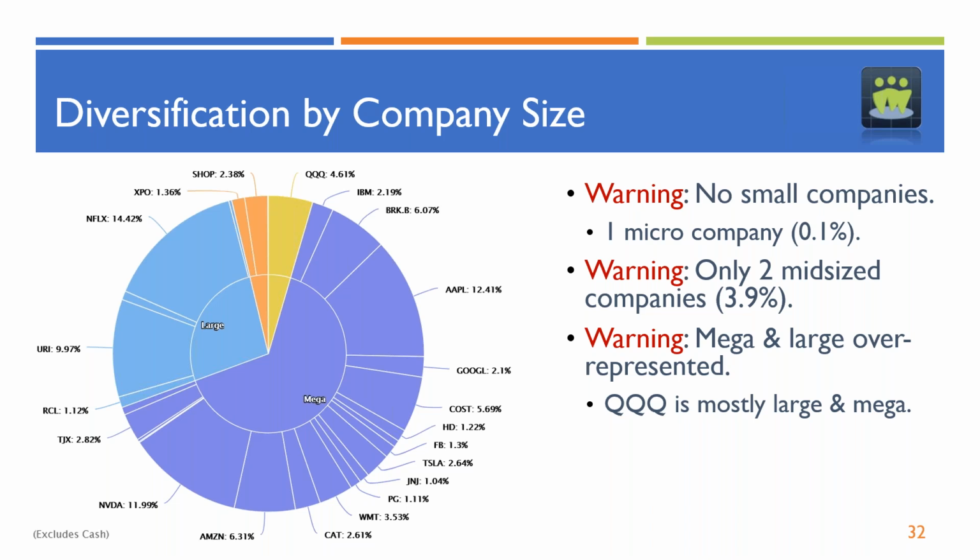So altogether, something like 97% of this portfolio is large and mega sized companies. So it probably has performed well in the last couple of years, but during a bear market or market correction, we would expect this portfolio to maybe take a bigger hit than if it was more broadly diversified by company size.